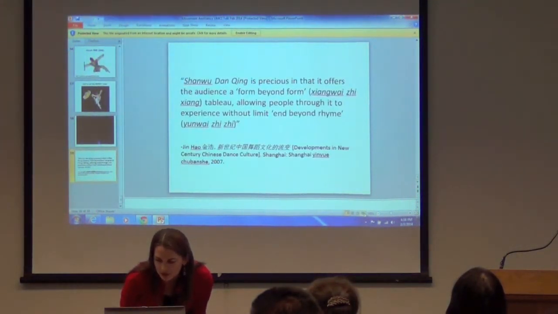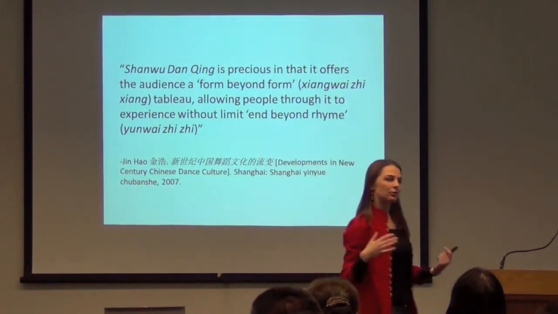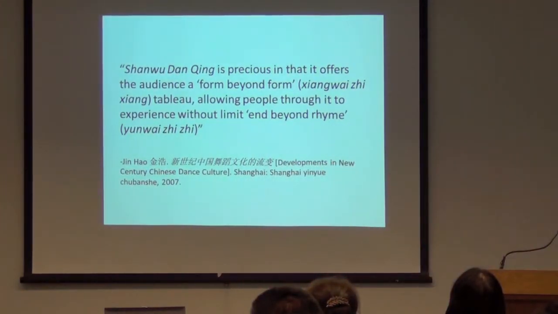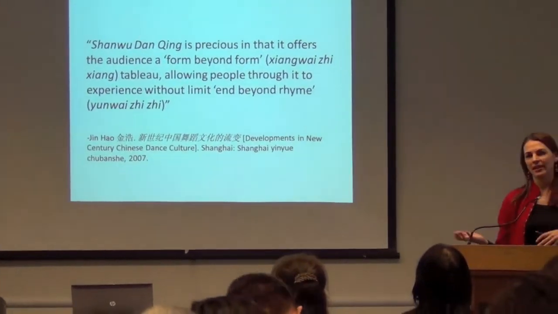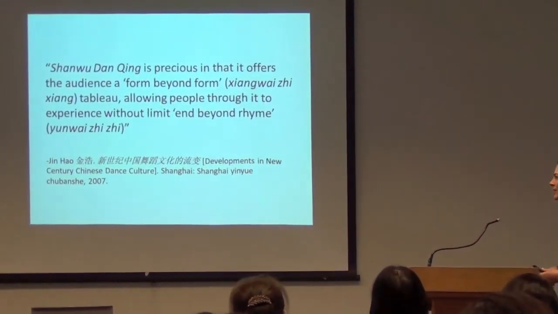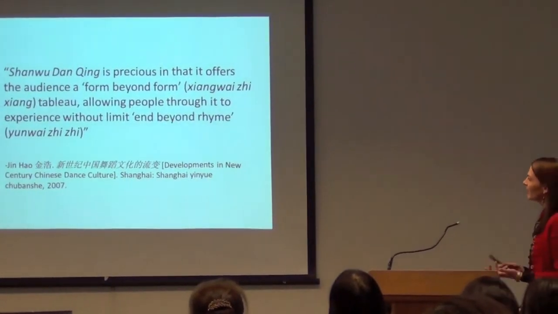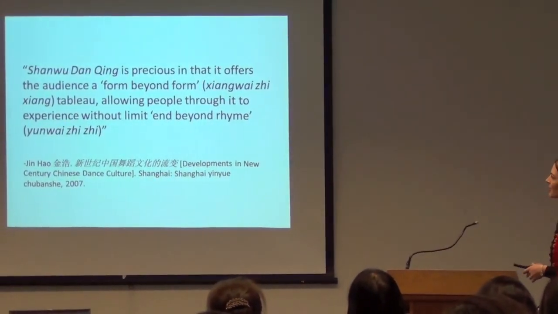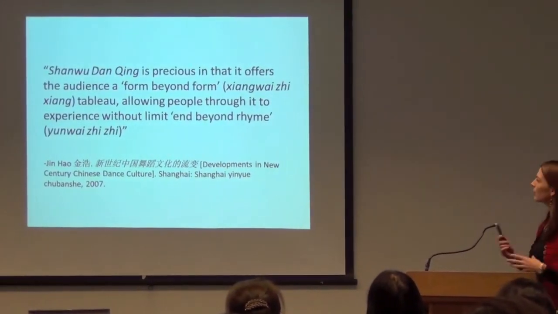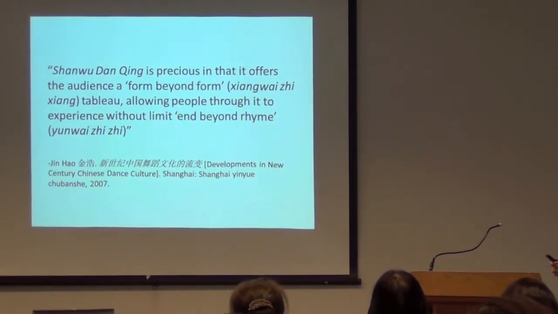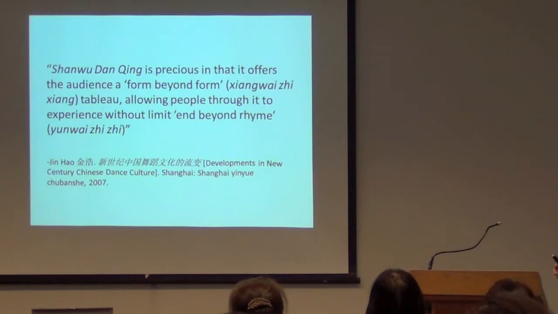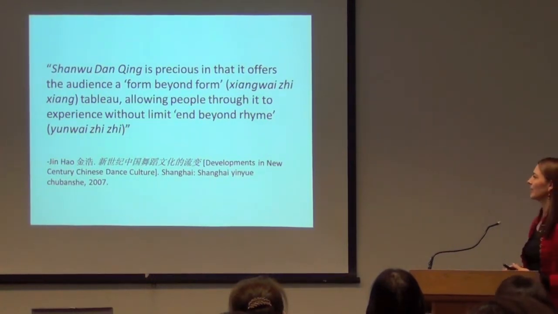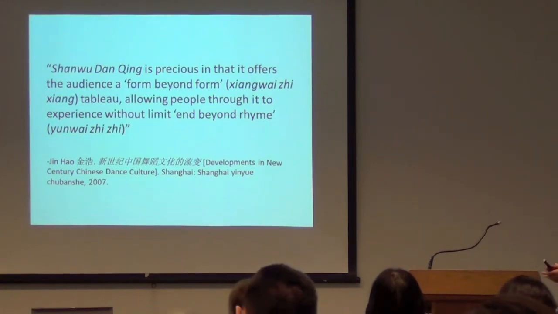I'll end by showing you an example of how a Chinese dance critic responded to that last piece that I just showed you, in a way that really does explicitly connect the aesthetic of the dance to philosophical ideas. He writes, 上舞丹心 is precious in that it offers the audience a form beyond form, 向外之相, the image beyond the image, tableau, allowing people through it to experience without limit, end beyond rhyme, or 韵外之志.